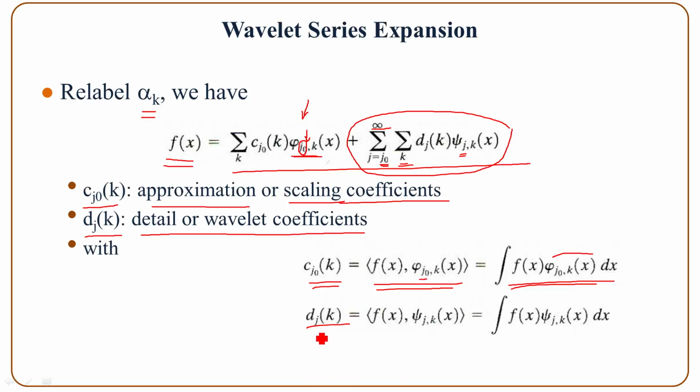And similarly, dj is the inner product of f of x and psi jk, which is the wavelet function at level j. And then you get to this.